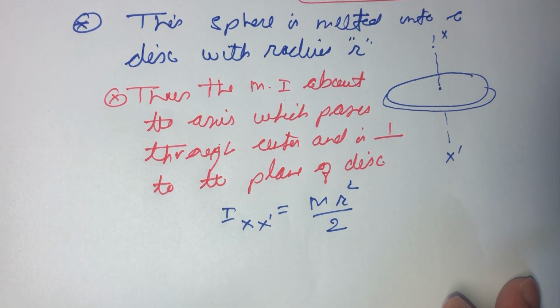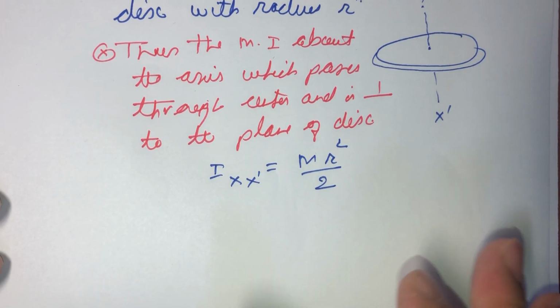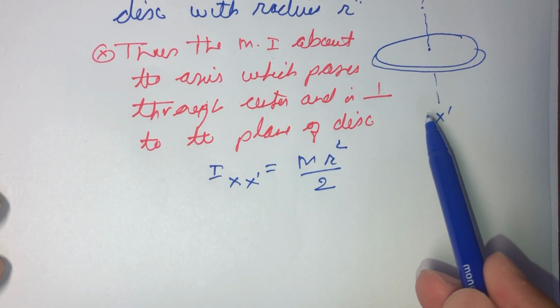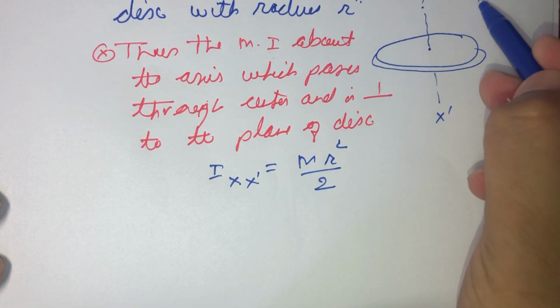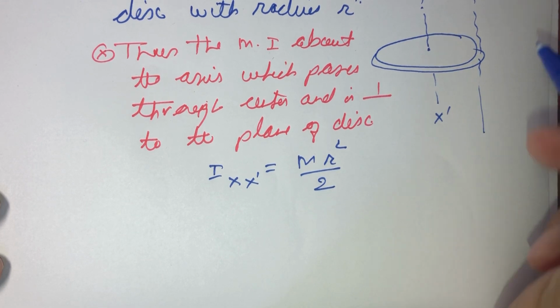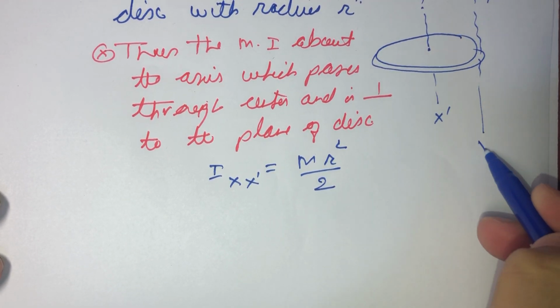And if you want to find out the moment of inertia along the tangential axis, so this is our tangential axis. Let us suppose this axis is given as y and y prime.